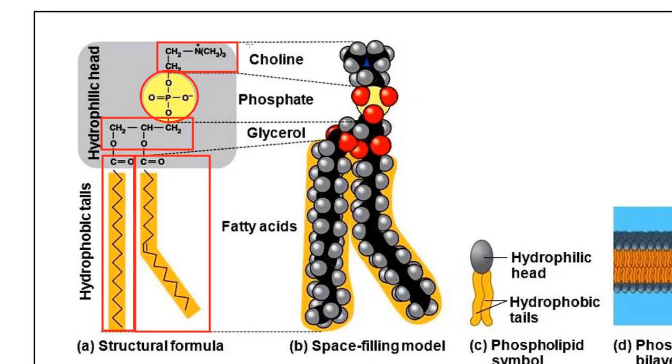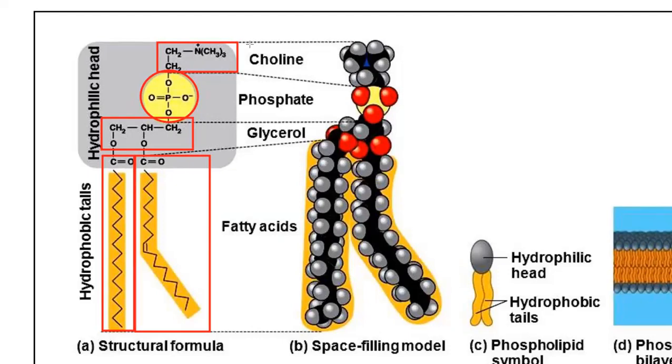How many fatty acids are contributing? 2 fatty acids. If you look at the phosphate group, can you notice a minus there? Yes, sir. If you look at the choline, can you notice a plus there? Yes, sir.